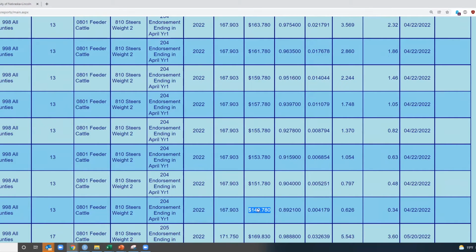Let's say I've worked with people in my community and penciled it out, and I figured out, wow, my cost of production, cost of gain is $1.50. So I can take out and say I want to just ensure that I'm going to cover all my costs, and I'm willing to pay 30 cents per hundredweight to ensure that I can cover all my costs. So there's different ways you can use this and different strategies.